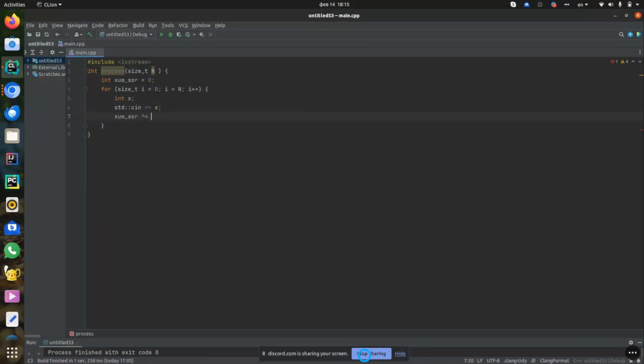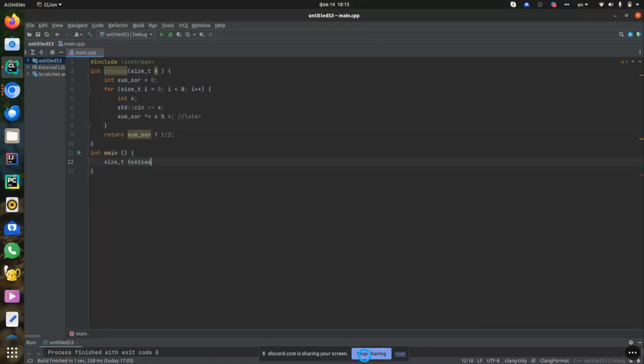I will explain this slide later. And we need to return some source. So for the main function.